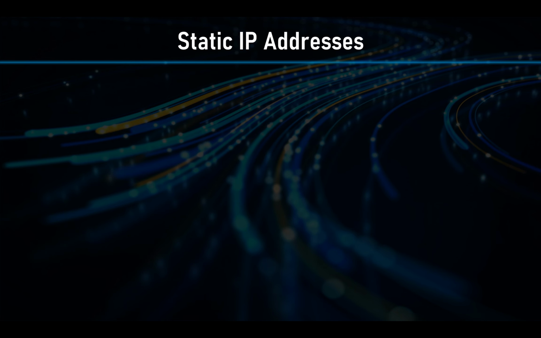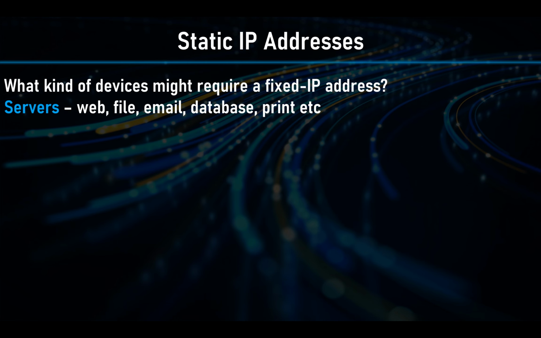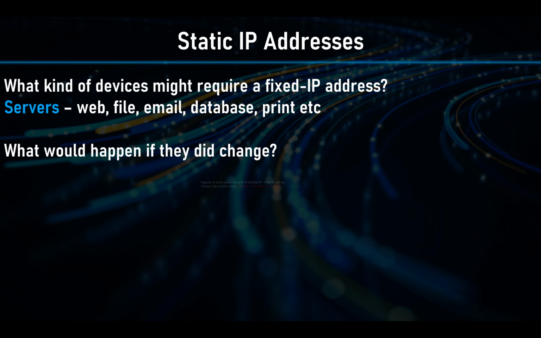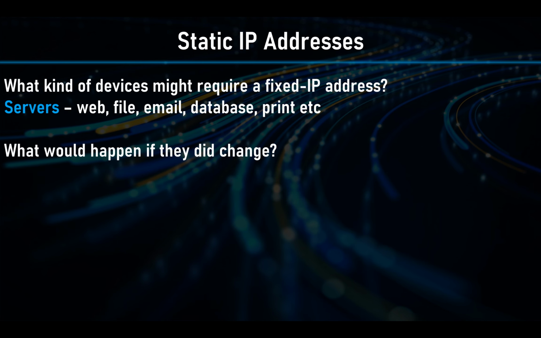Let's think then, what kind of device might require a fixed IP address? An obvious one is servers: web server, file server, email server, database, print server, etc. What would happen if they did change? Let's say we have a website, and the website has, I don't know, the IP 1234.